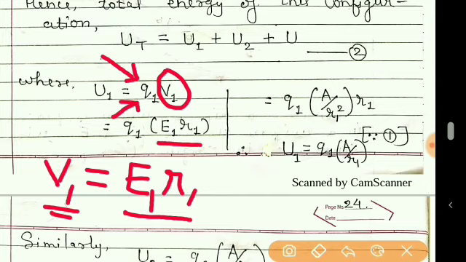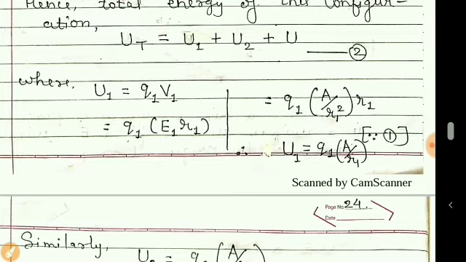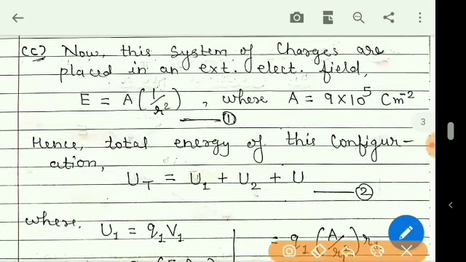Now next, what is electric field E? That is given. It is A upon R square into R1. This A upon R square is from equation number 1. You can see here in equation number 1 it is given.